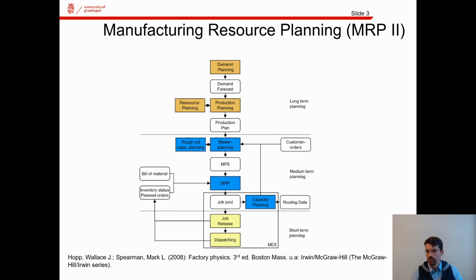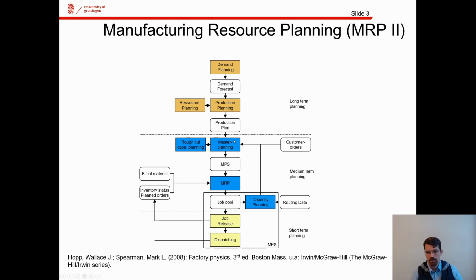For example, if you ramp up a new plant somewhere in the world, you need to know how many employees, how many skilled employees, how many trained employees, technicians are needed, how many unskilled people are needed, and this has to be done in a long-term view. Based on that, the aggregate production plan is the outcome.